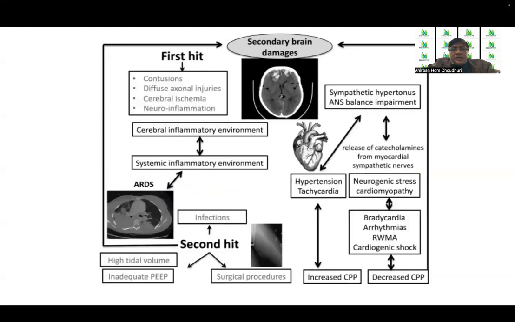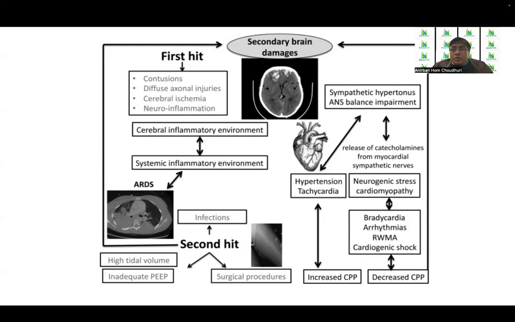The other important thing that needs mention is that often the first hit with which the patient presents initially abates over a period of time. The contusion, the diffuse axonal injuries, the cerebral ischemia gradually recover. But the neuroinflammation progresses, and the cerebral inflammatory environment extends to produce a systemic inflammatory environment.